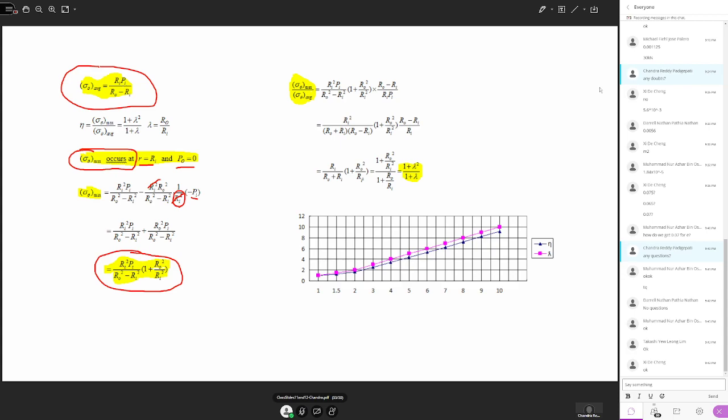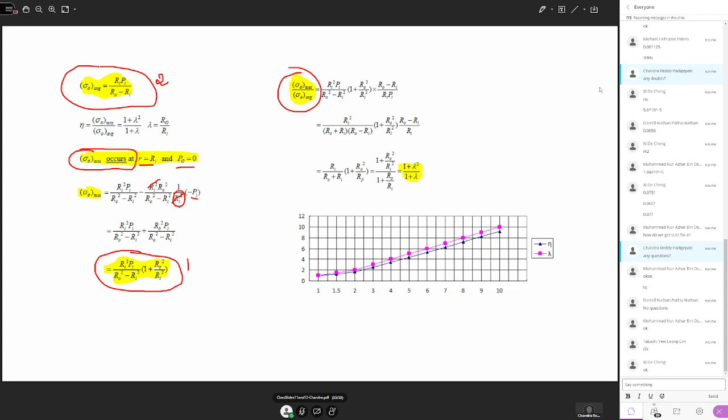Then sigma theta average we know is this. When we take the ratio of sigma theta max over sigma theta average, we have the two expressions: this is sigma theta max, and this is sigma theta average.